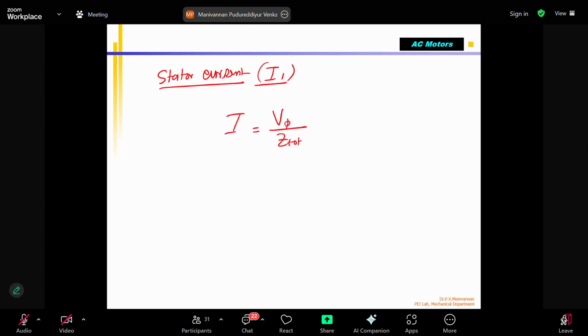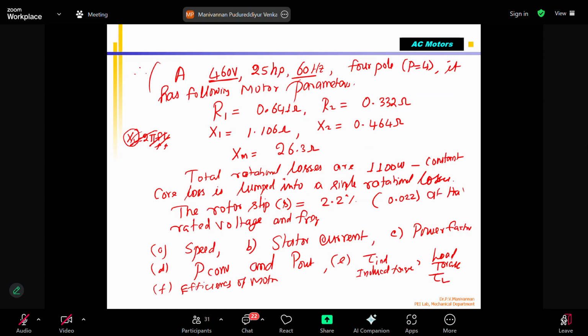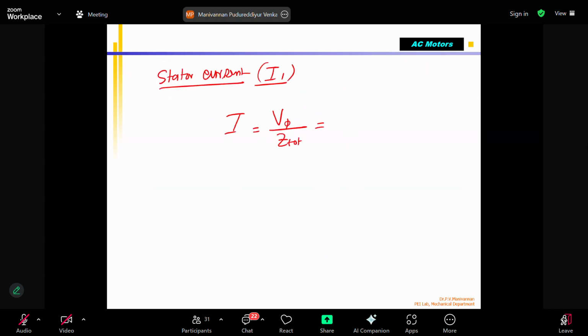We put in the phase voltage, but what is given here is the line voltage, 460 volts. This converts to a phase voltage of 266 with angle 0 degrees, divided by Z total, already computed, 14.07 at 36.6 degrees. So I1 is going to be 18.88 with an angle of minus 33.6, because the angle in the denominator becomes minus, and dividing 267 by this gives about 18.